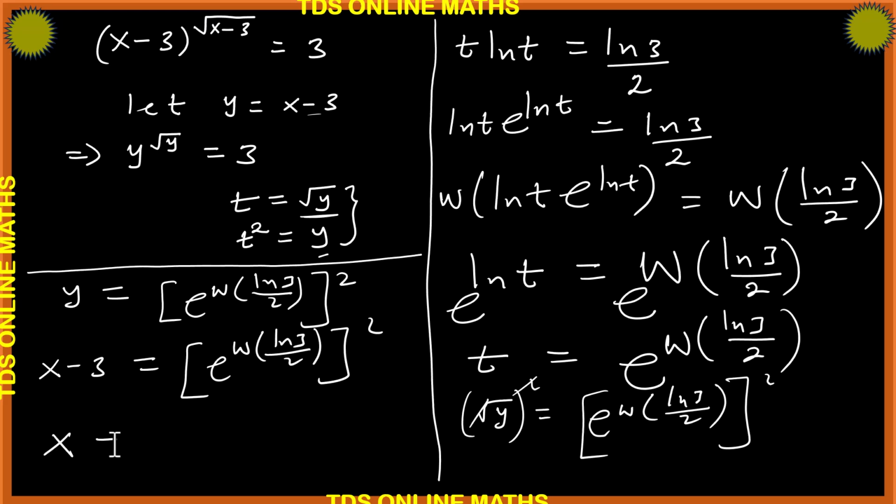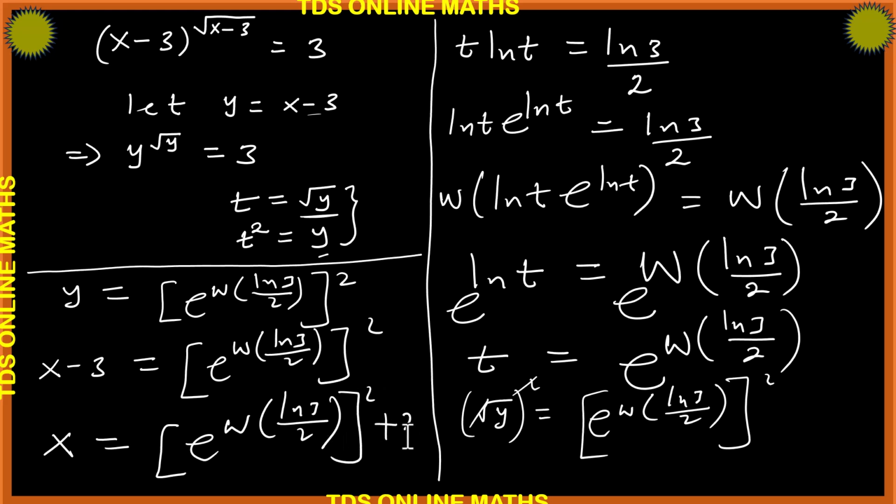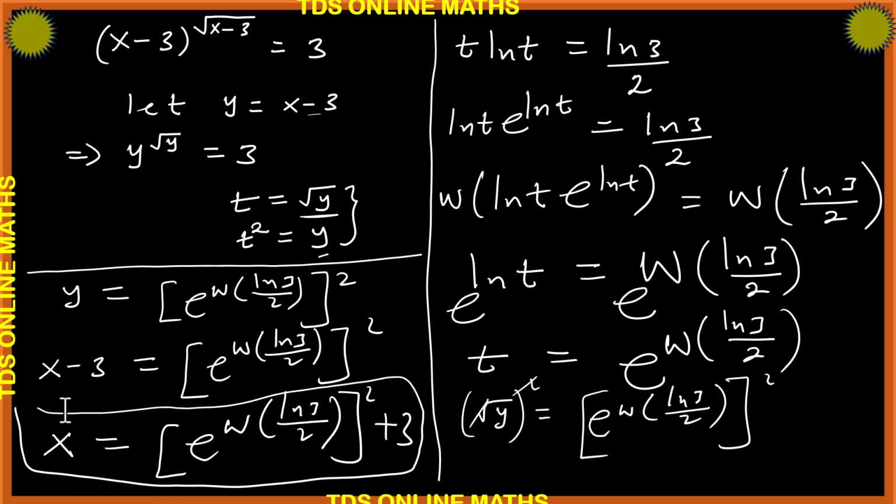So my final answer will be e raised to W of ln of 3 over 2, all squared, plus 3. So this is the final answer. You can use Wolfram Alpha to check for the exact value of this. All right, thanks for watching.